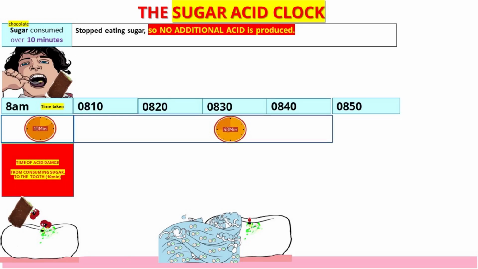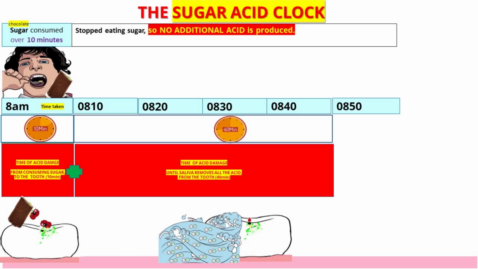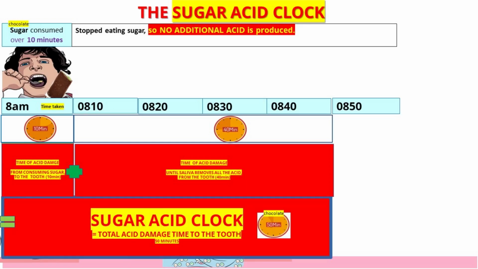So the sugar acid clock is the time of acid damage from consuming sugar, chocolate in this example, of 10 minutes, plus the time of acid damage until saliva removes all the acid from the tooth, which is a fixed 40 minutes, to give the total acid damage time to the tooth, which in this example is 50 minutes, which is the sugar acid clock.